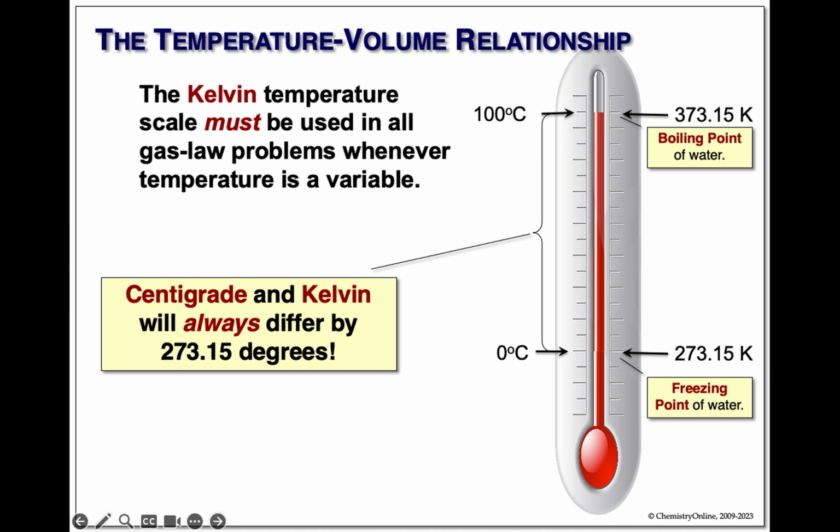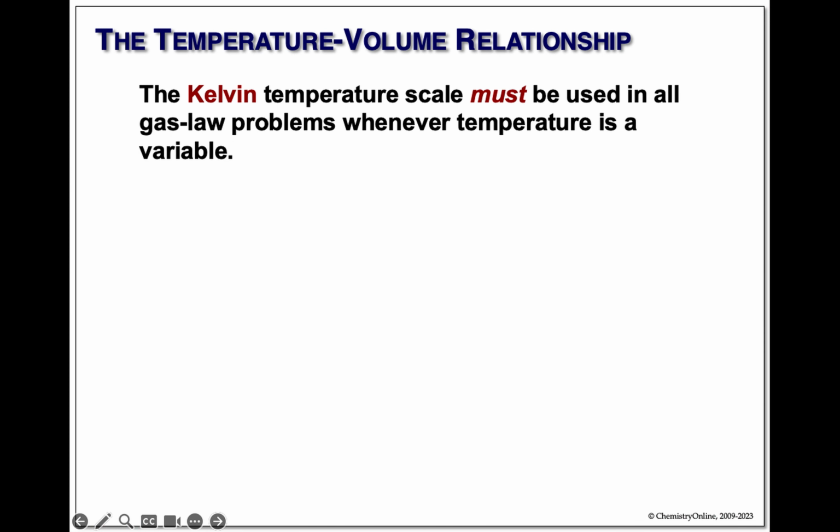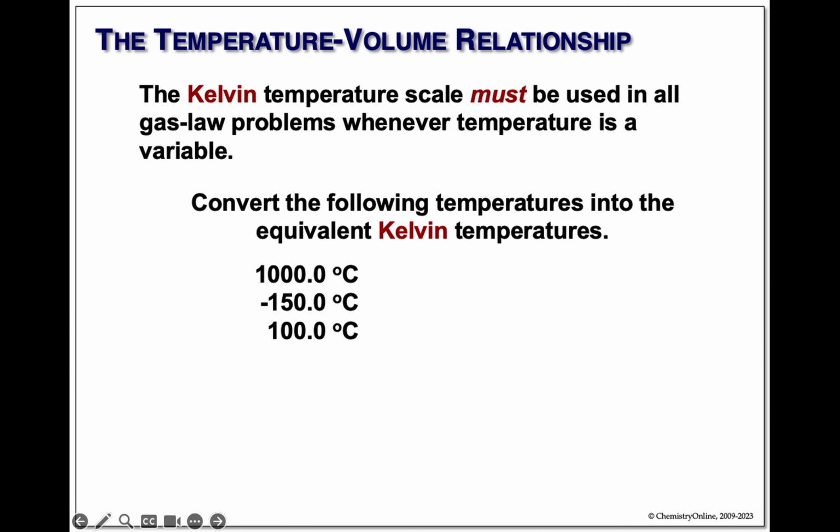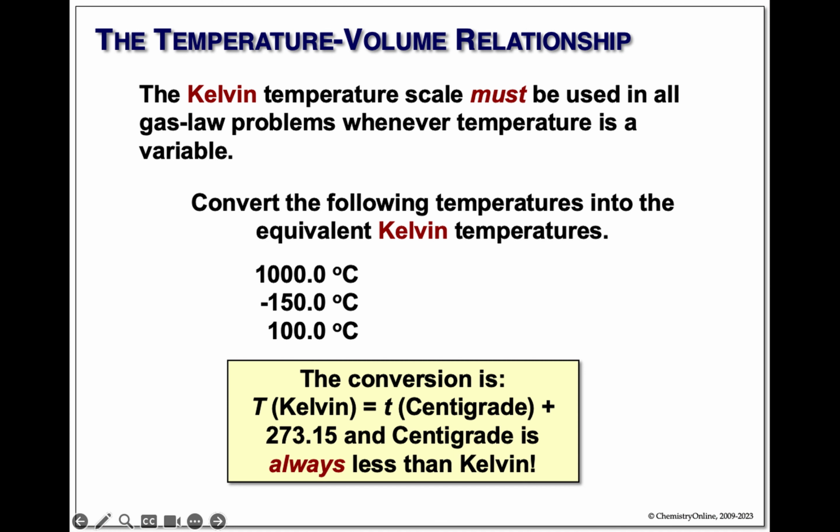So, let's just do a couple quick conversions. Remember, our conversion factor is 273. All you do is take centigrade, add 273 to it, and we get Kelvin. You notice the little degree sign disappears.